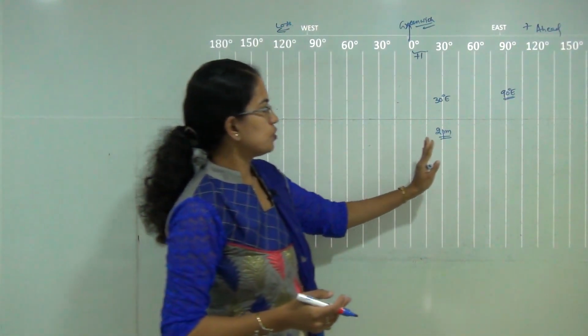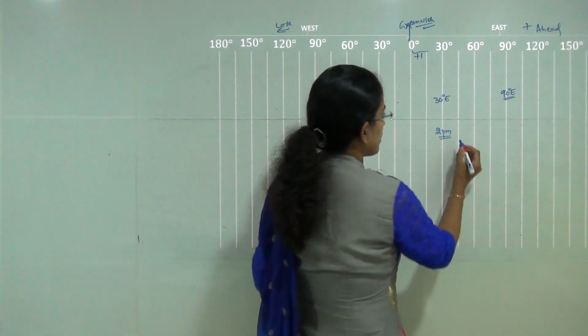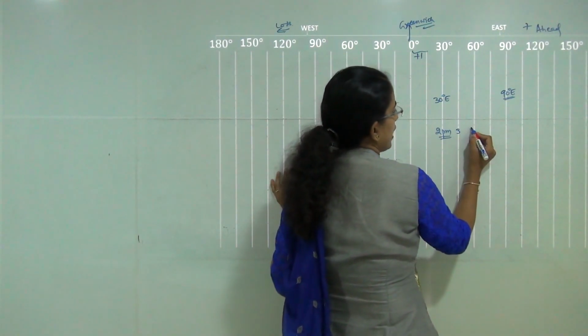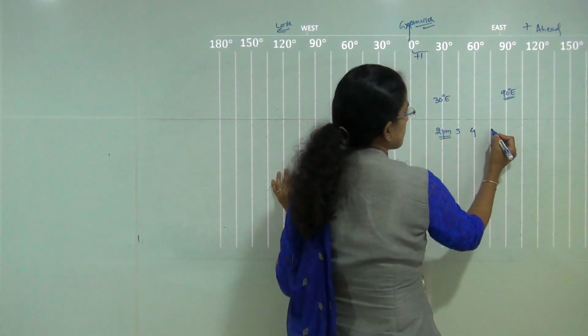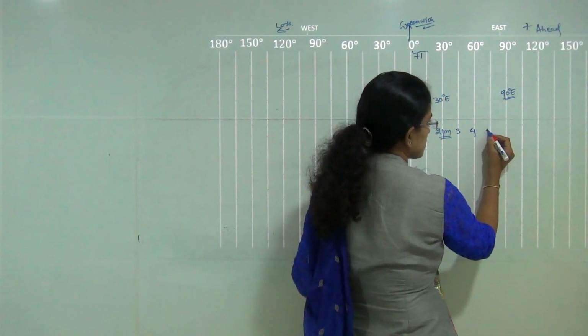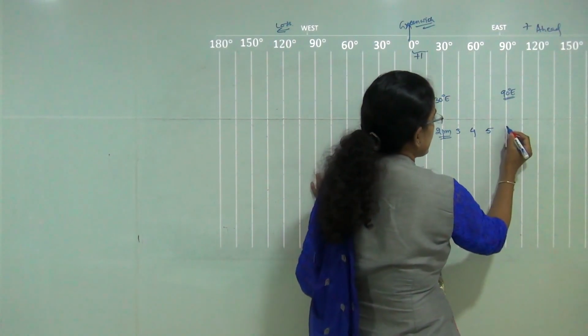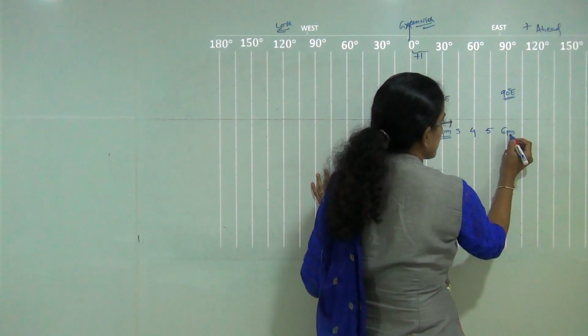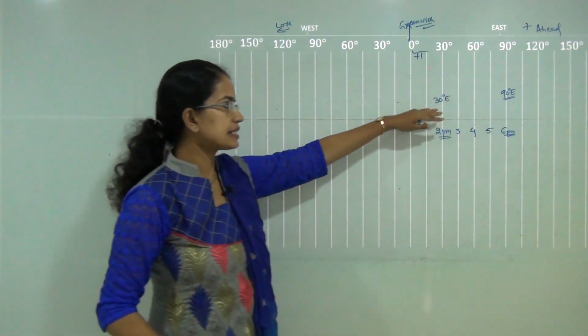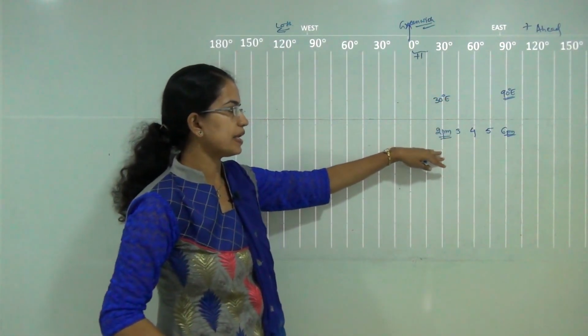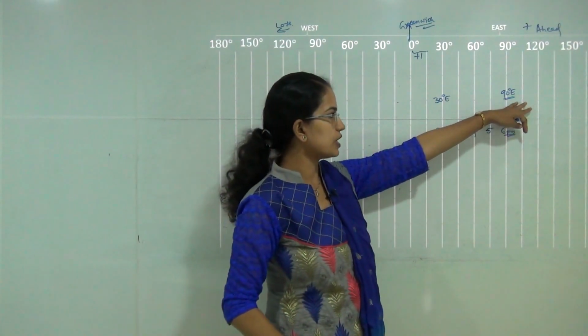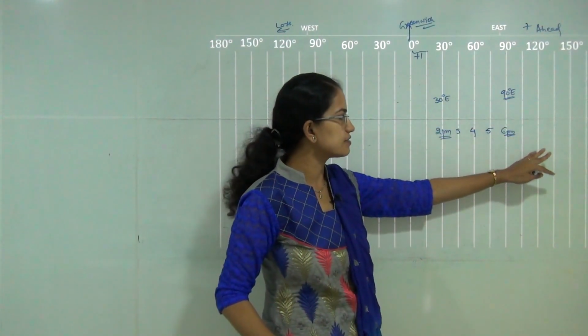So if it is 2 p.m. here, at 45 degrees it would be 3 p.m., at 60 degrees it would be 4 p.m., at 75 degrees it would be 5 p.m., and at 90 degrees it would be 6 p.m. So if I know the time at 30 degrees east, which is 2 p.m., I can straightforwardly calculate the time at 90 degrees east, which would be 6 p.m.